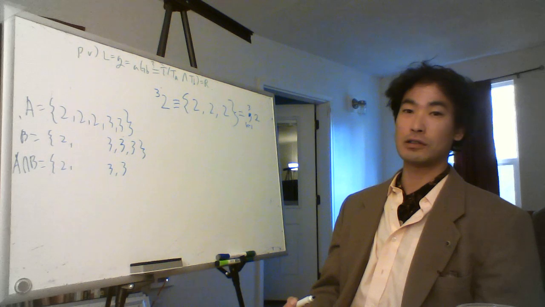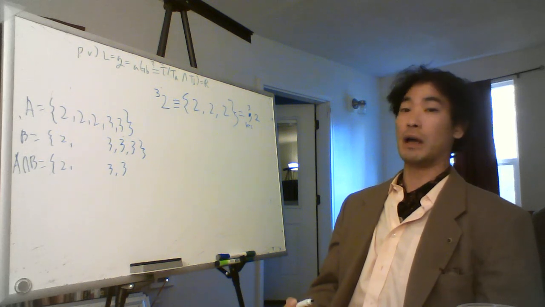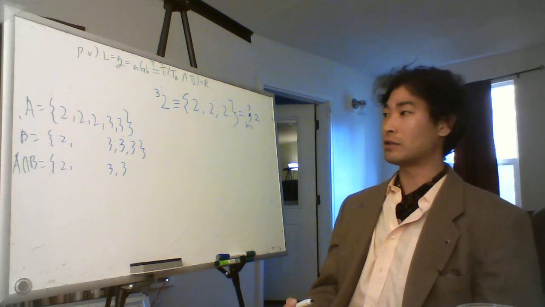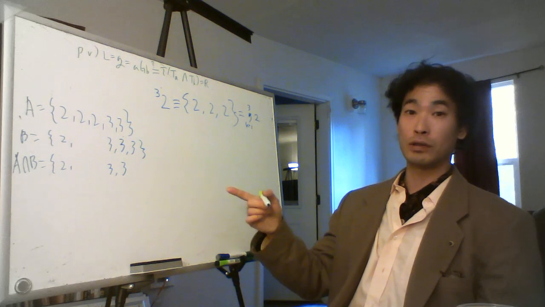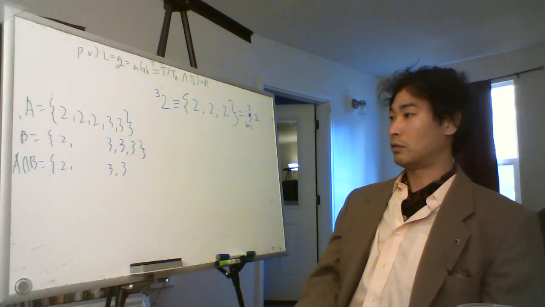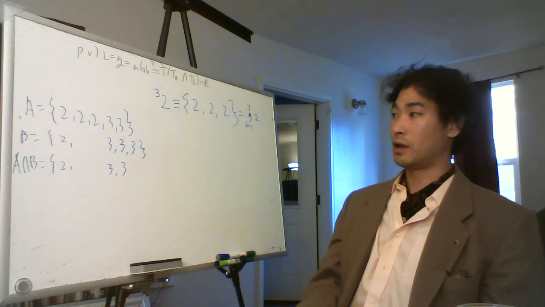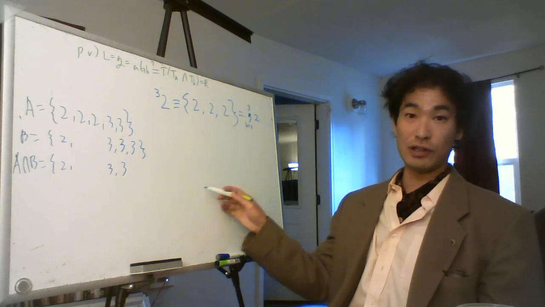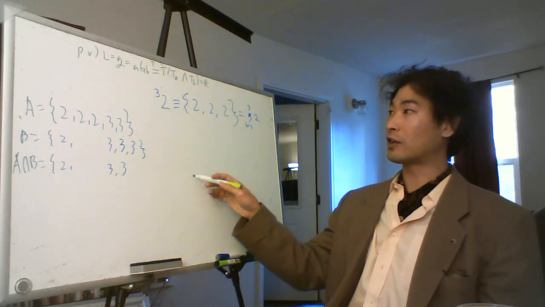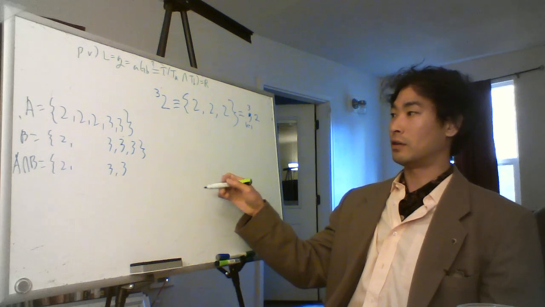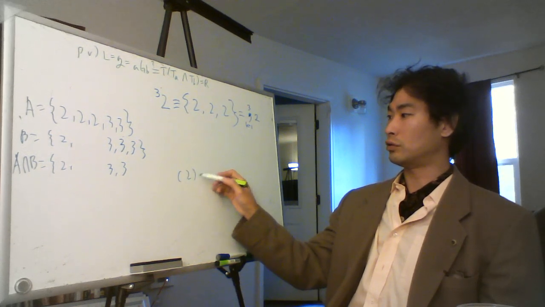Two dimensional tensor, what is it? Matrix. Three dimensional tensor, yeah, it's a cube or whatever.